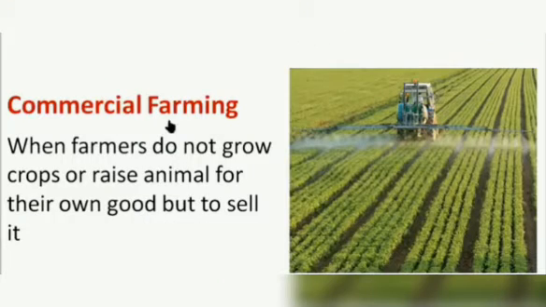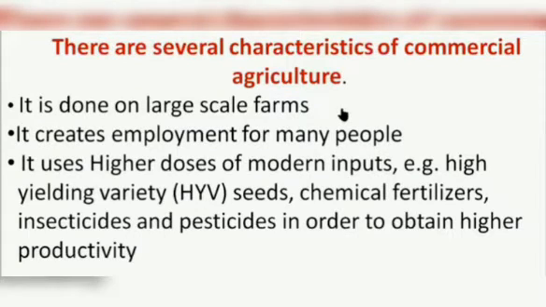Okay, next, commercial farming. The agriculture practice on a large scale by using modern technology to earn good income from agriculture is called commercial farming. The characteristics of commercial farming are given below.